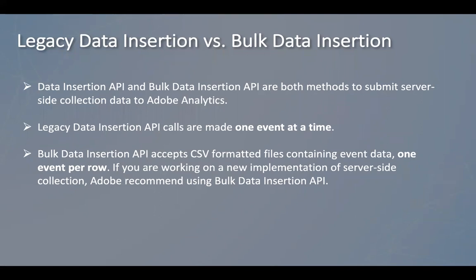The biggest difference is that the legacy data insertion API calls are made one event at a time, whereas the bulk data insertion API accepts CSV files that allow you to upload all of your event data, one event per row. So instead of making hundreds or even hundreds of thousands of requests one after another, with this, you can just package one big CSV file and push it up to Adobe that way.